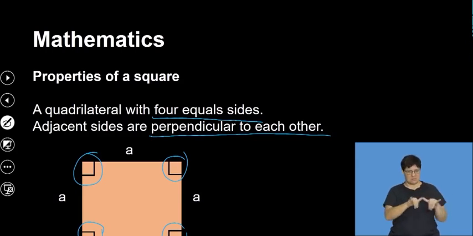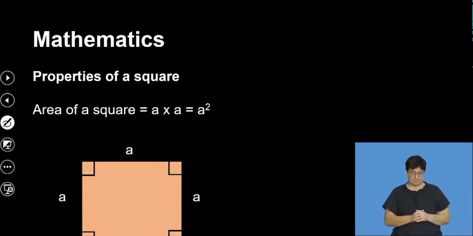So what I have with this is, you know that the area of a square is given by a multiplied by a. Or rather, because this falls under rectangles, we can say it's length multiplied by breadth. But because the length and the breadth are equal, we just say length multiplied by length.